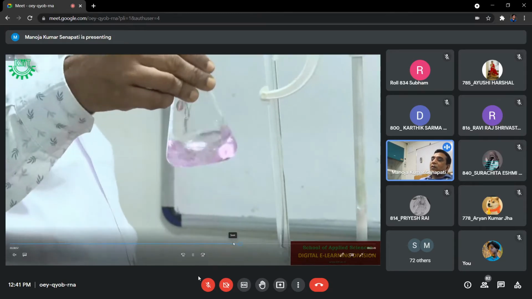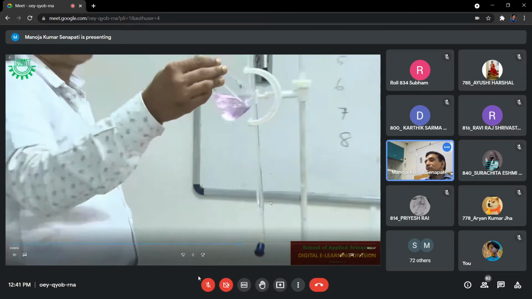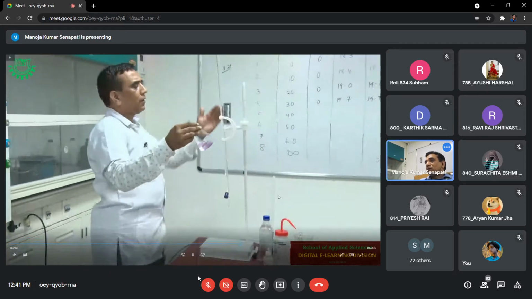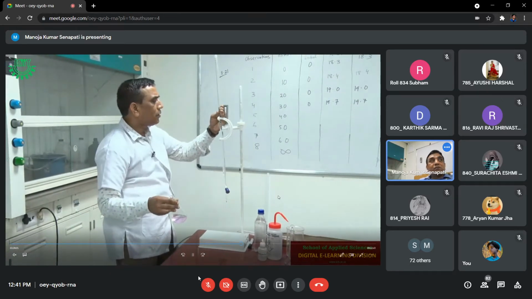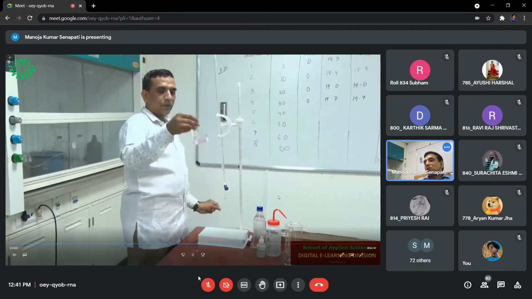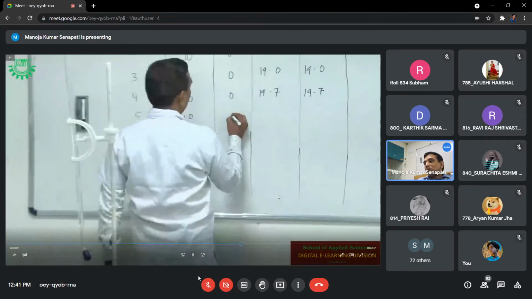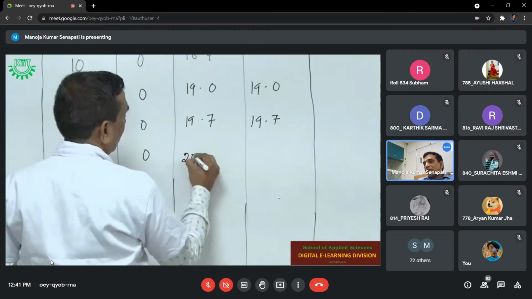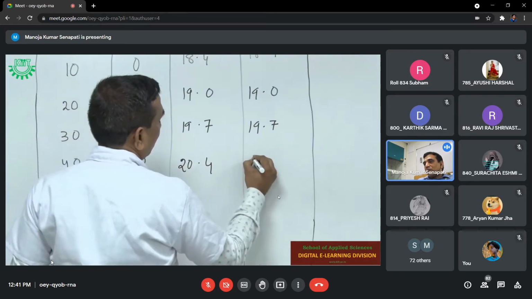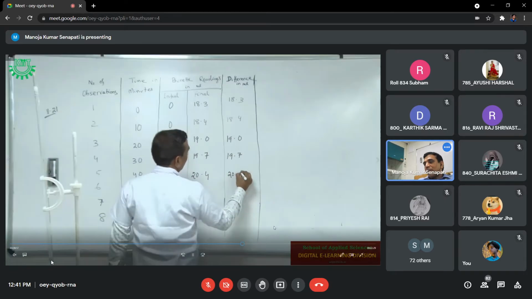So note down what is the final burette reading. Started from 0, final is 20.4, difference is also 20.4.